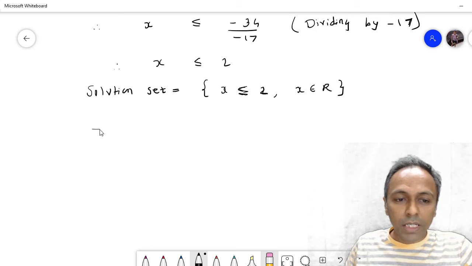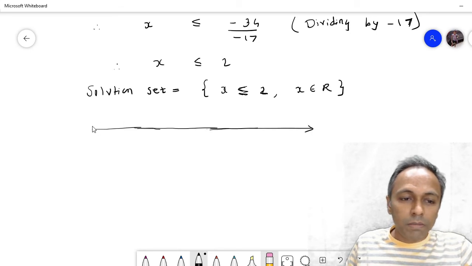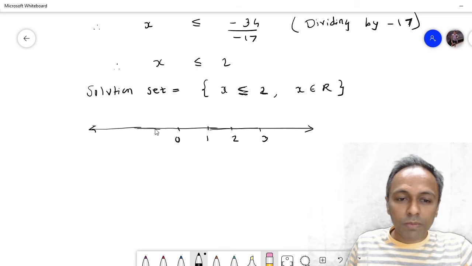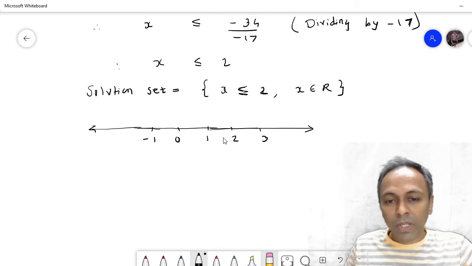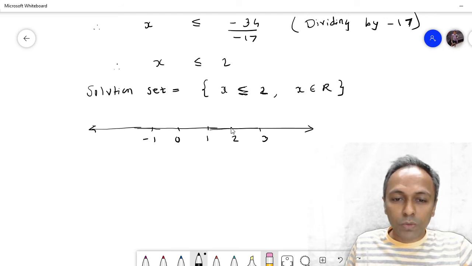Let us make a number line and mark 2 somewhere. Say we mark, say 2 is here, say 3, and take 1 or 2 numbers more, say I have taken 1 more, and we want all real values of x less than or equal to 2.